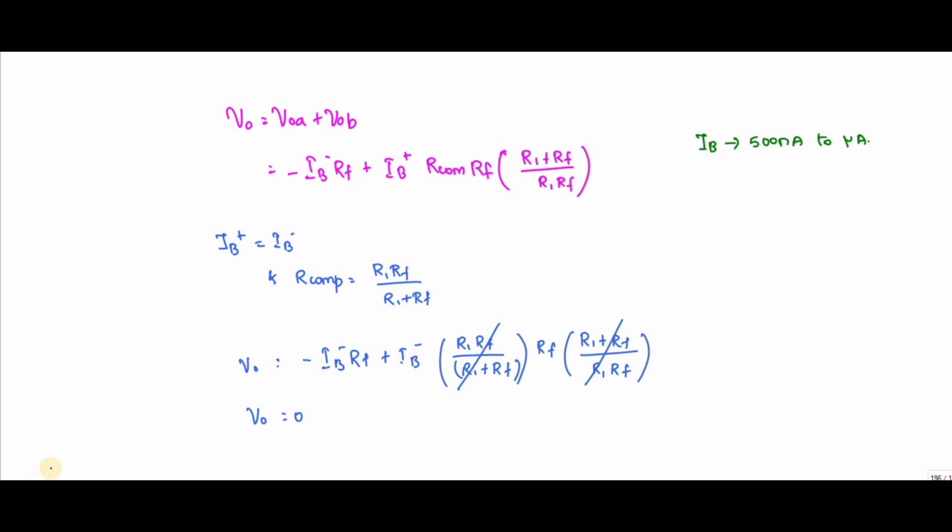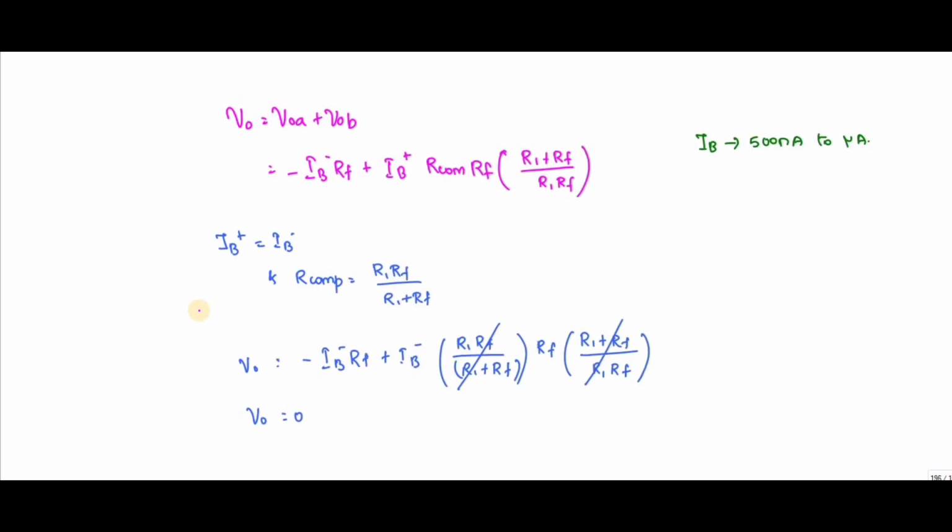So here in this equation, if I am not taking IB plus equal to IB minus, if it is not the same, I can rewrite this equation: V naught is equal to, that is IB plus is not equal to IB minus. Okay.